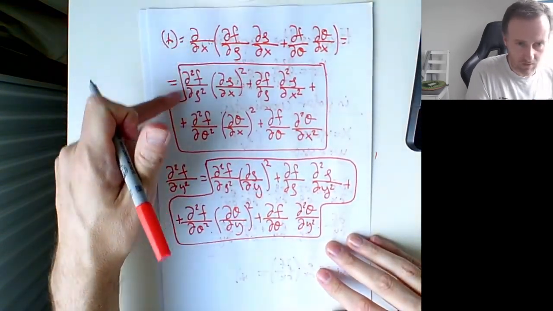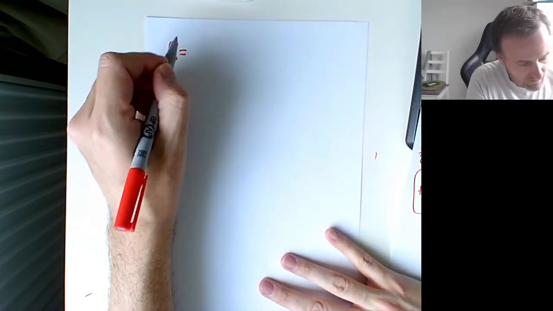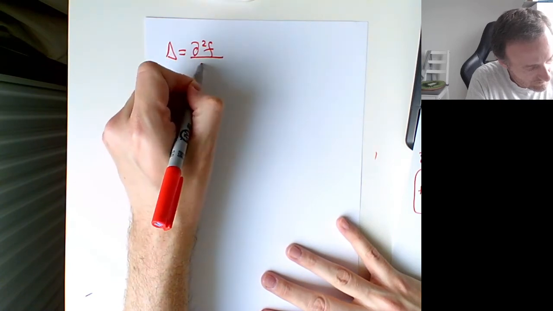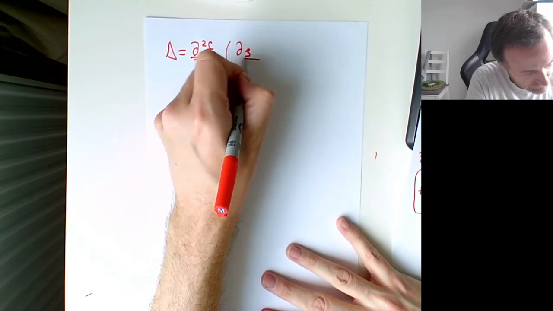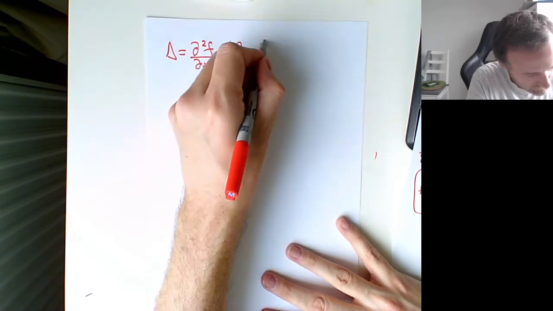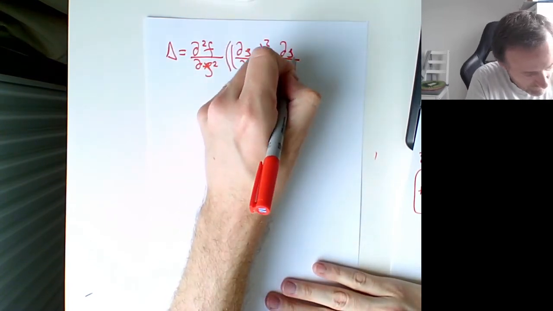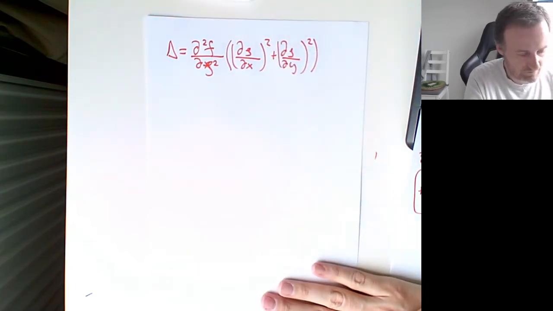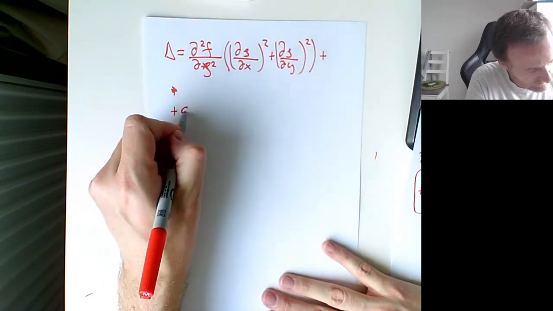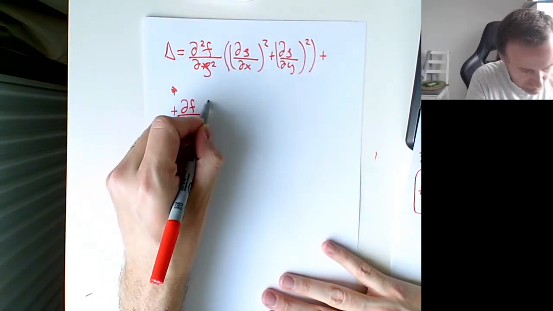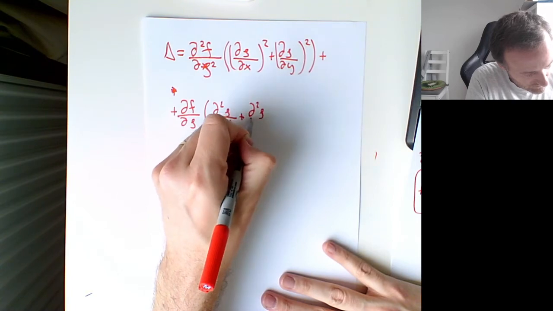So we go back to what we computed, and then we get that the Laplacian is equal to this, plus this, plus, let's leave some space here, df d rho, second derivative of rho with respect to x, second derivative of rho with respect to y.